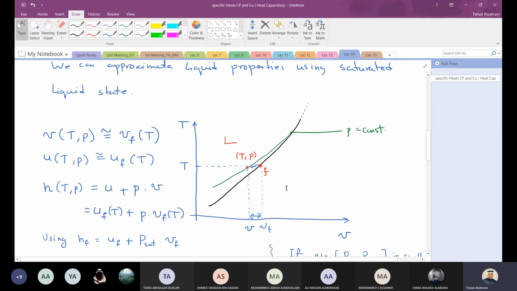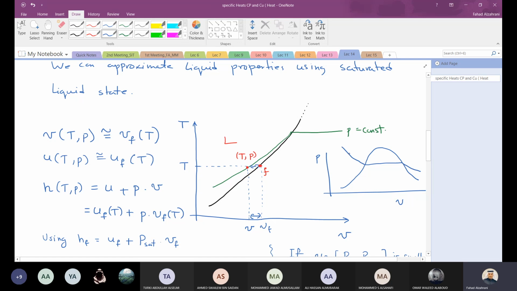As compared to the pressure P-v diagram, okay? Maybe I did not mention this last time. If we plot a P-v diagram and look at the constant temperature line, it will be something like this.